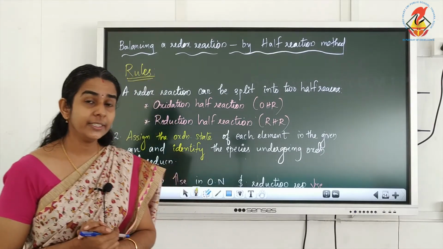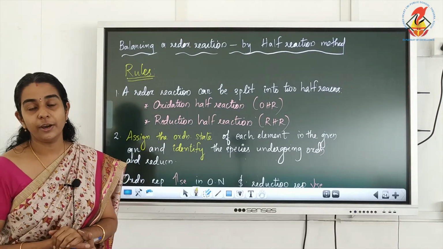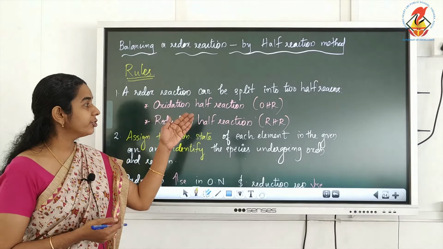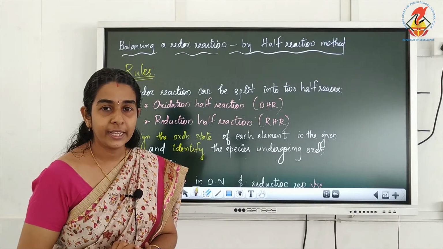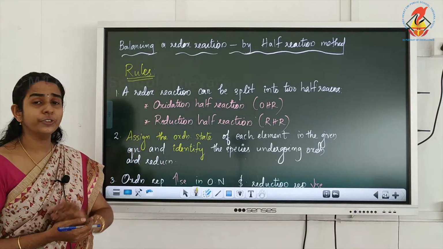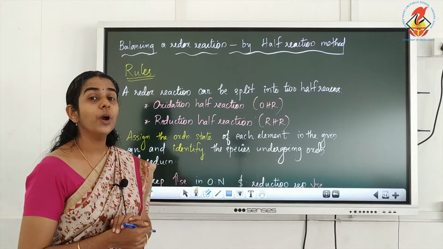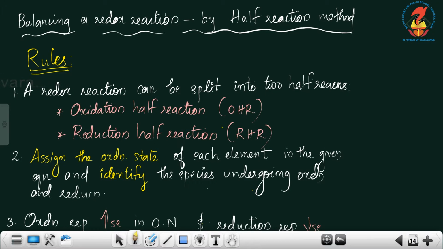What do we call them? First one is the oxidation half reaction and second one is the reduction half reaction, OHR and RHR. That will be the short form we will be using. So the first point is we can split a redox reaction into two half reactions, that is the oxidation half reaction and the reduction half reaction.